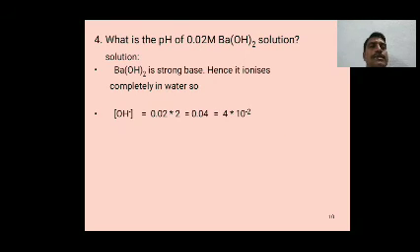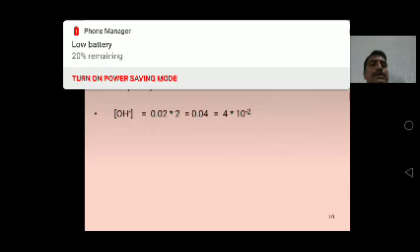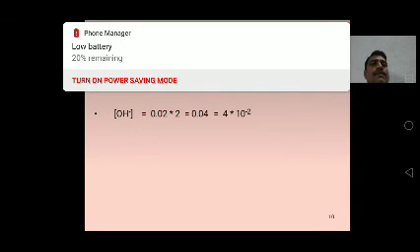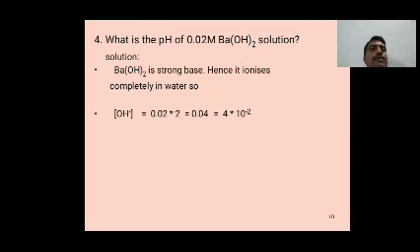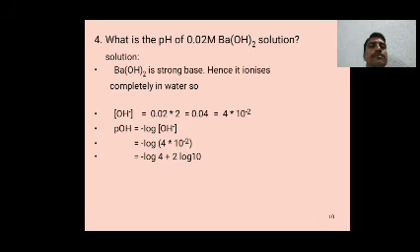Therefore, OH- ion concentration is equal to 0.02 × 2, that is equal to 0.04 M, or 4 × 10^-2 M. pOH is equal to minus log of OH- ion concentration, minus log 4 × 10^-2, log 4 plus 2 × log 10. Log 4 is equal to 0.6021, log 10 is equal to 1.